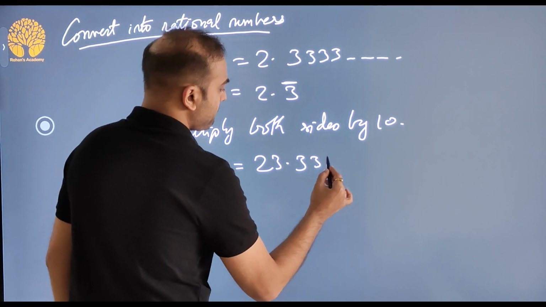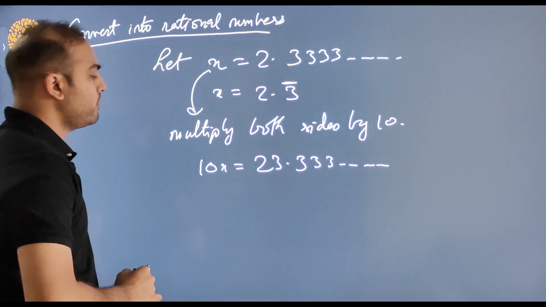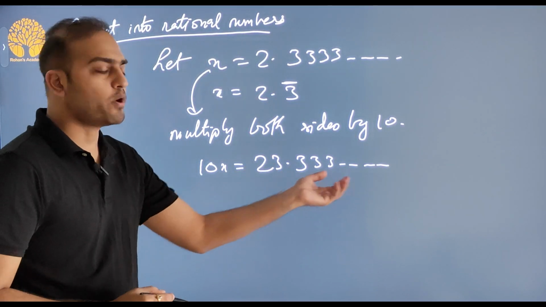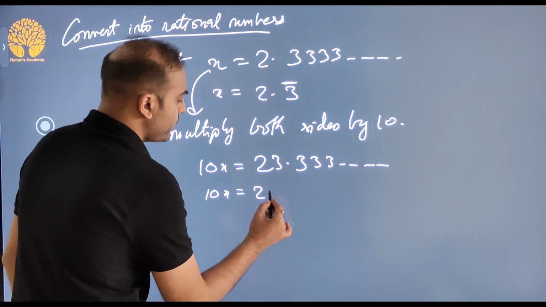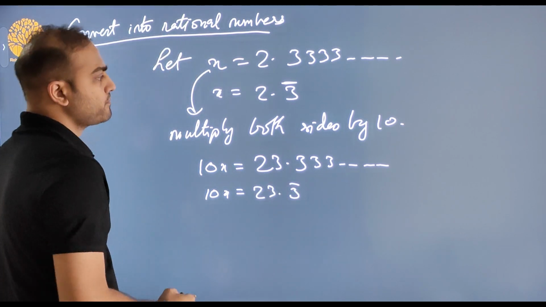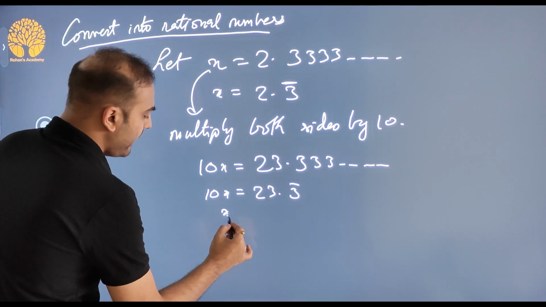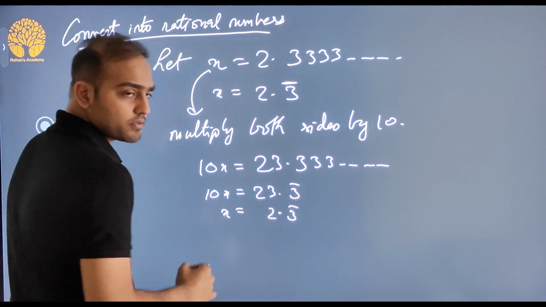23.3333, which can be written as 10x is 23.3 bar. Now x was 2.3 bar.